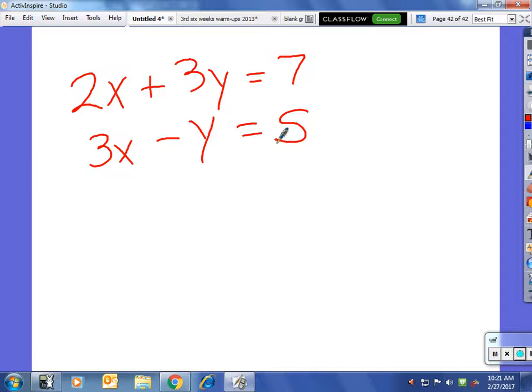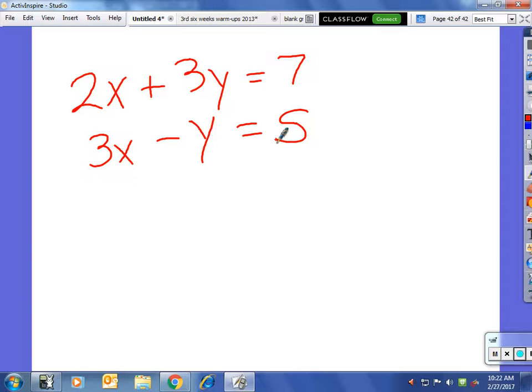The second one, y. If you're going to do substitution here, look for a letter that just has a 1 or a negative 1. Look at that bottom equation. Do you see how the y has a negative 1? That's going to be the easiest one to try to get by itself if you're dying to do substitution.